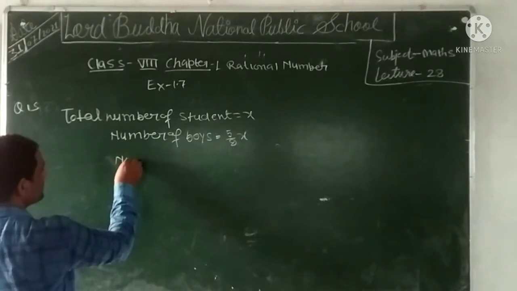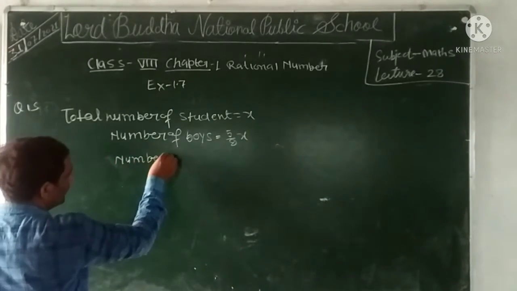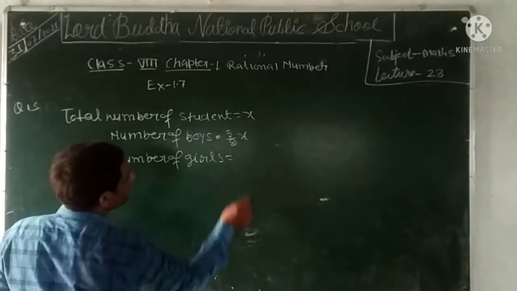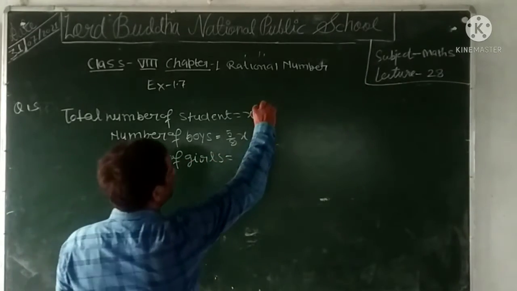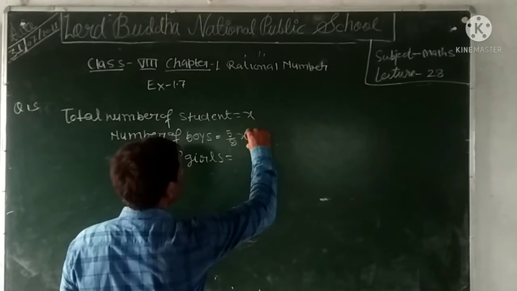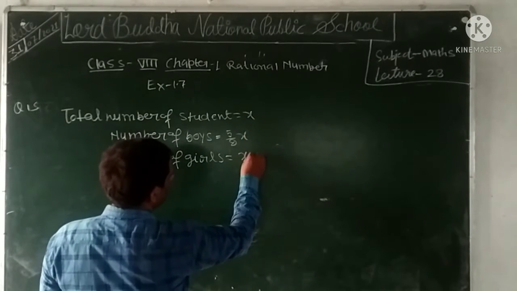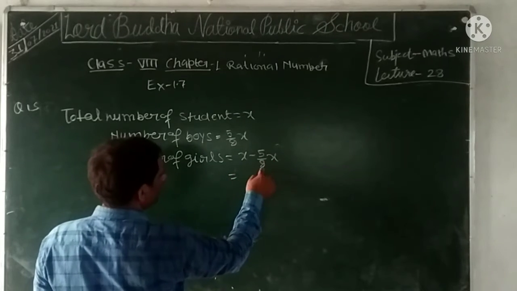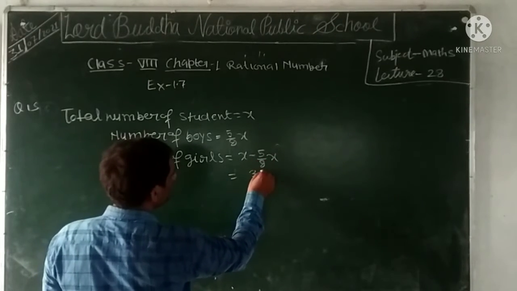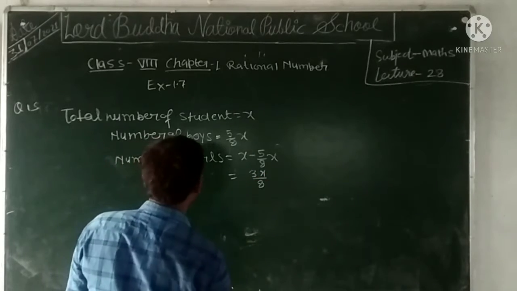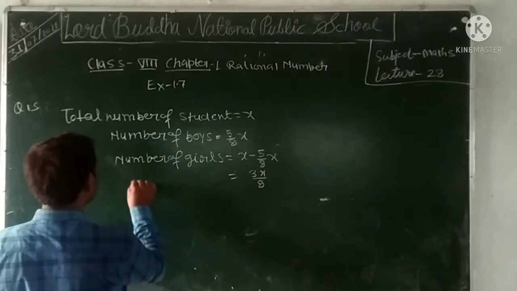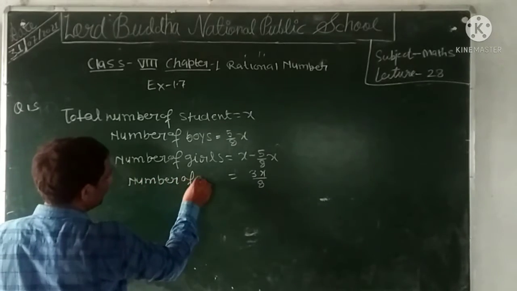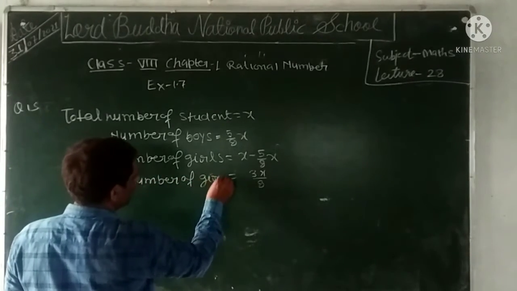Now the number of girls will be equal to the total students minus the number of boys. So x minus 5 upon 8x. Okay. 8 ones are 8, minus 5, so 3x upon 8. This is the number of girls.